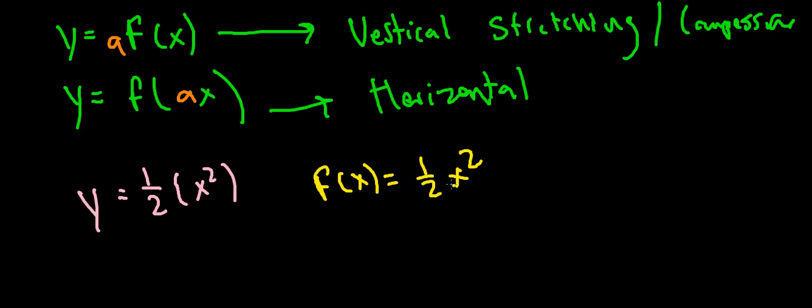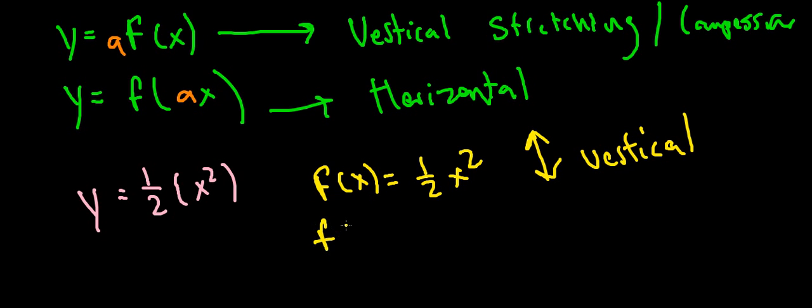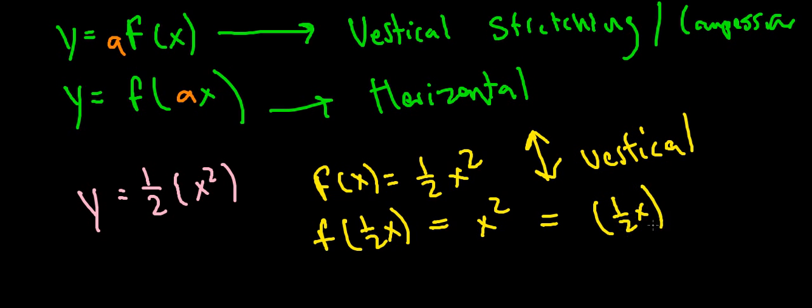So in this equation, we're inserting x in for our value. So we get 1/2 times x squared. And this would be a vertical. If we wanted to show an example of a horizontal, we'd say f of 1/2 x is equal to x squared, and then what we would do is insert 1/2 x in for x.